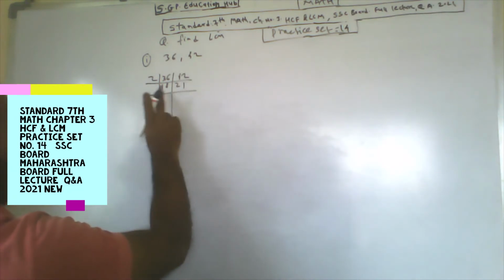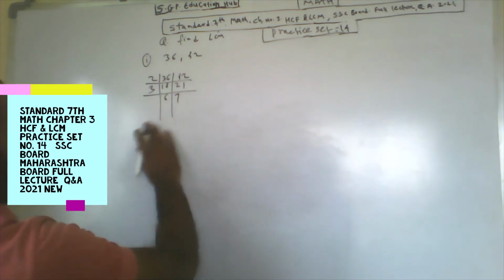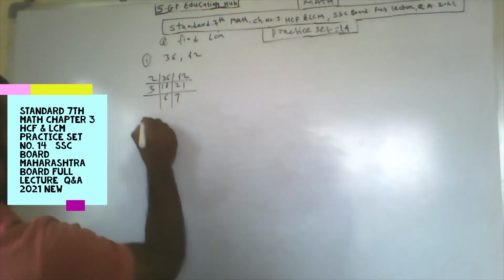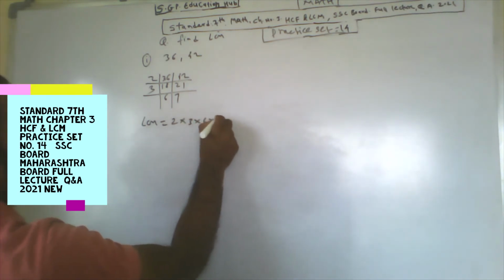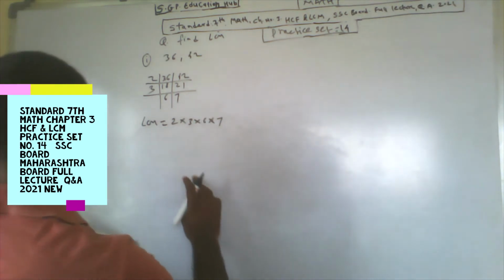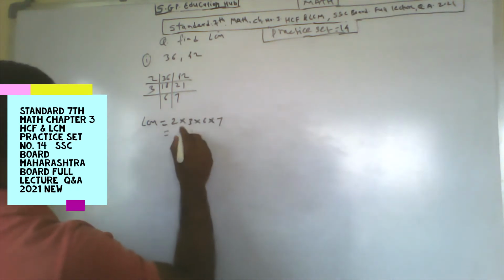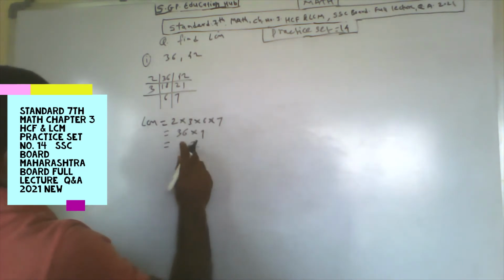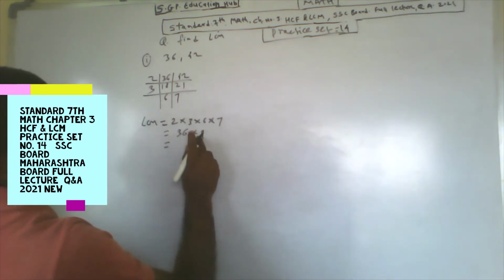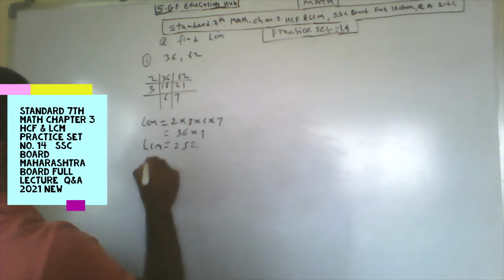Now these both numbers can be divided by 3: 3 6s are 18, 3 7s are 21. The LCM is 2 into 3 into 6 into 7. 2 into 3 is 6, 6 into 6 is 36, 36 into 7 is 252. The LCM is 252.